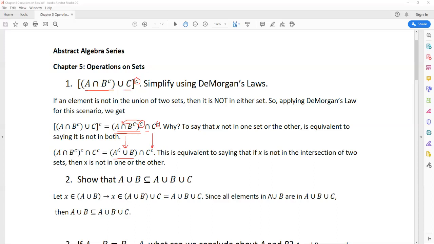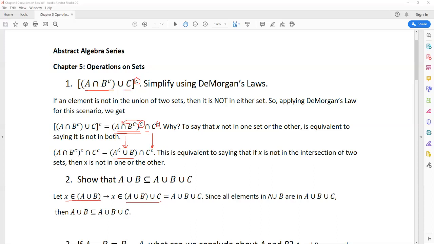Number 2, show that A union B is a subset of A union B union C. To do that, we would just let X be an element in A union B. That implies that X is also an element of that set union C, because union means one or the other or both. We know that X is in A union B, therefore it is in the union of those two sets.